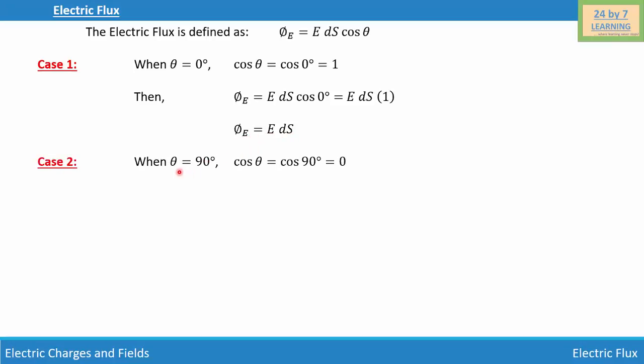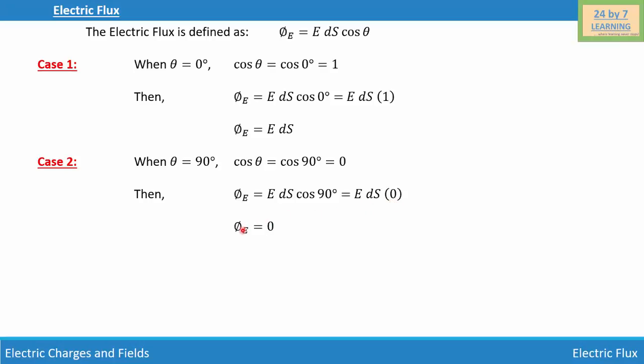Our second case is when theta is equal to 90 degrees. Cosine theta is equal to cosine 90, and we know that cosine 90 is equal to 0. Now let's substitute the value of cosine 90 in the electric flux. We will write phi E is equal to E ds cosine 90, and that is equal to E ds times 0, and anything times 0 is 0.